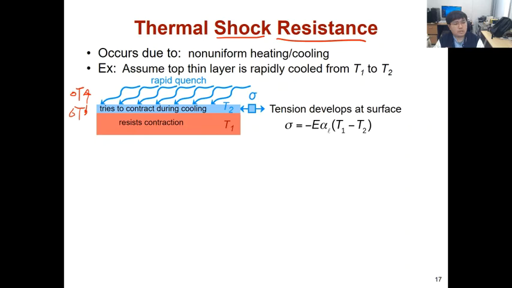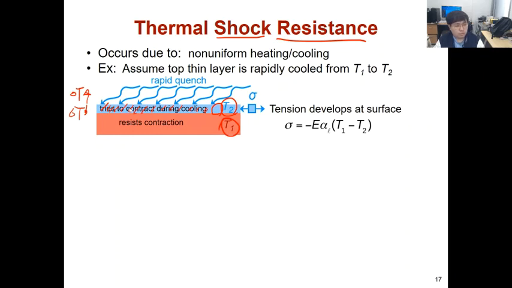But sometimes we rapidly cool down or rapidly increase the temperature of the solid material. At that time, the temperature of some surface region changes extremely fast, but the inside part keeps its initial temperature. So at that time, this solid part will experience a large thermal strain.